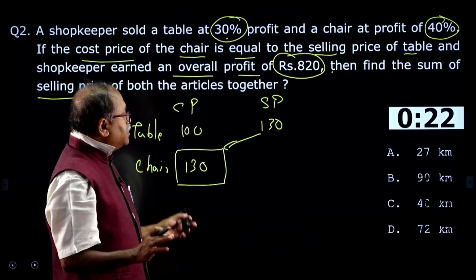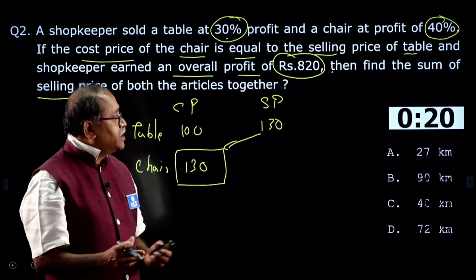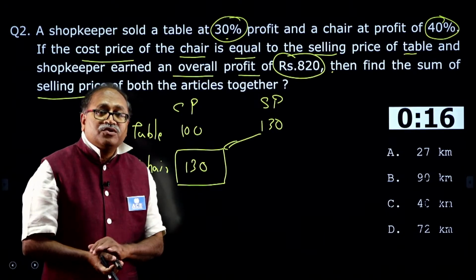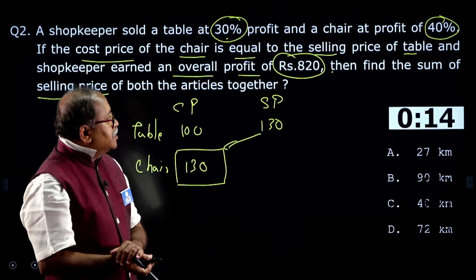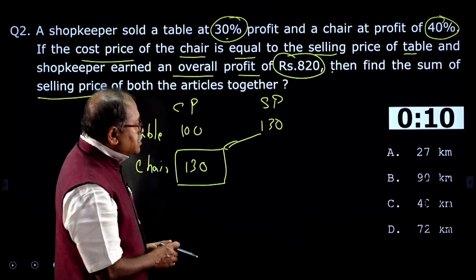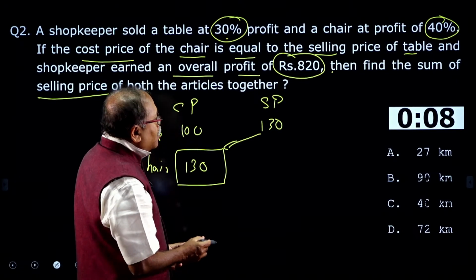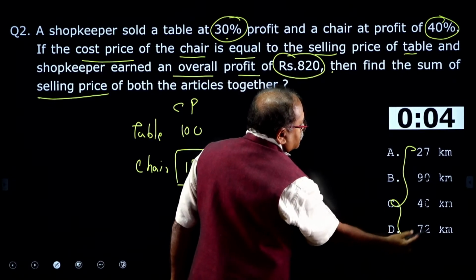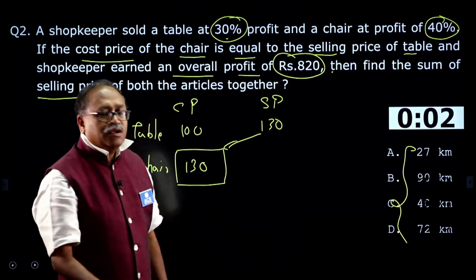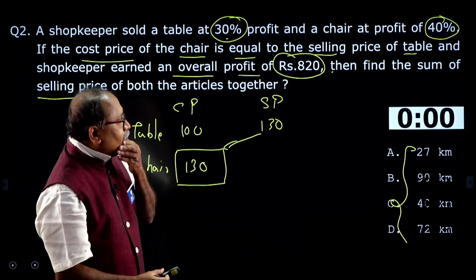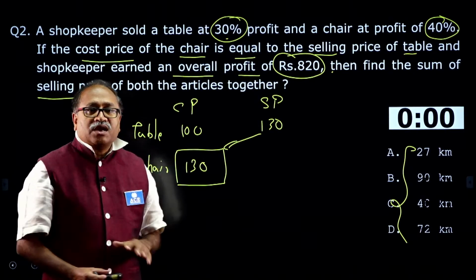Some of you, I am sure Anusha and Pawan and others, will definitely be able to answer the question. You have to find out the combined selling price. I think these options are wrong. Ignore the options, my friends. Okay, the time is up.